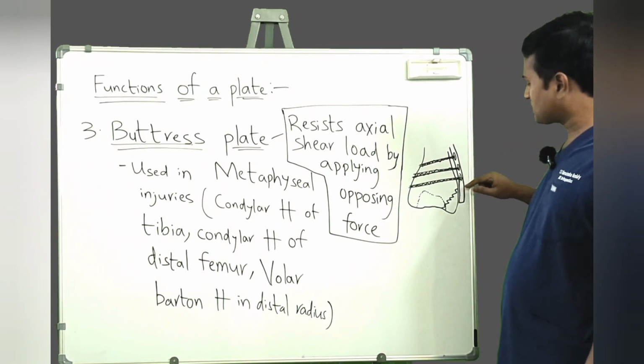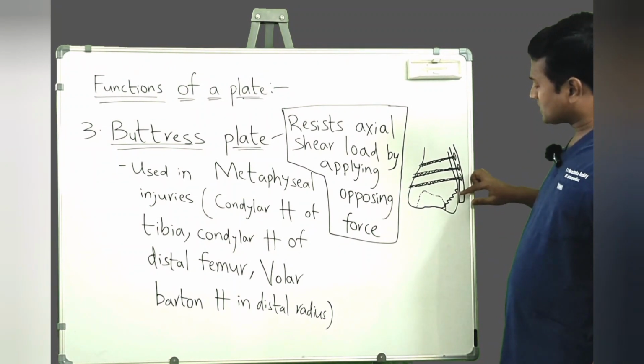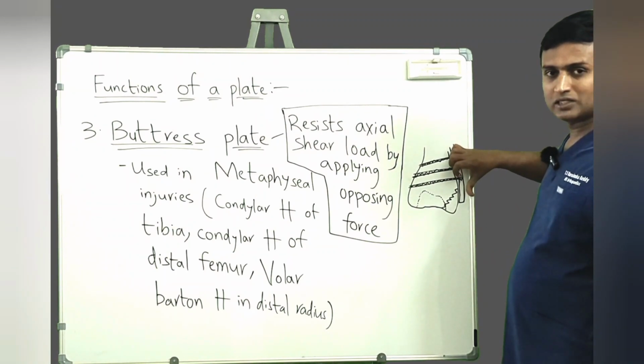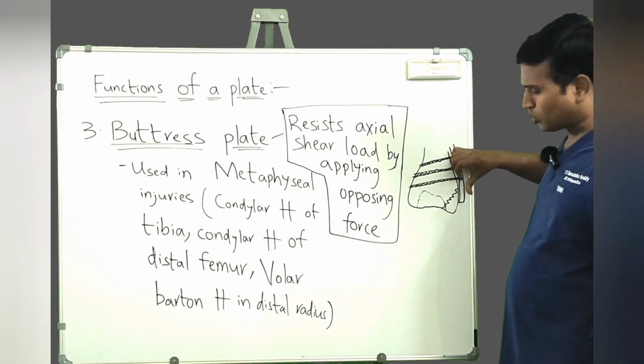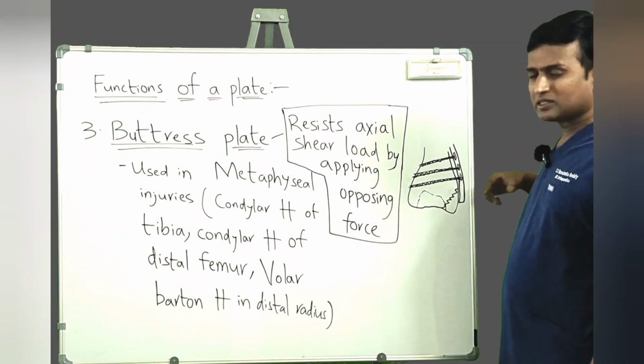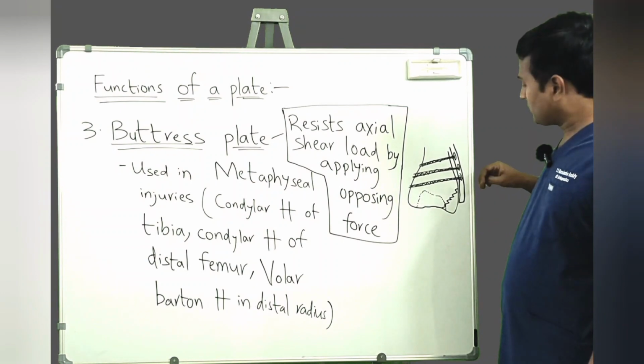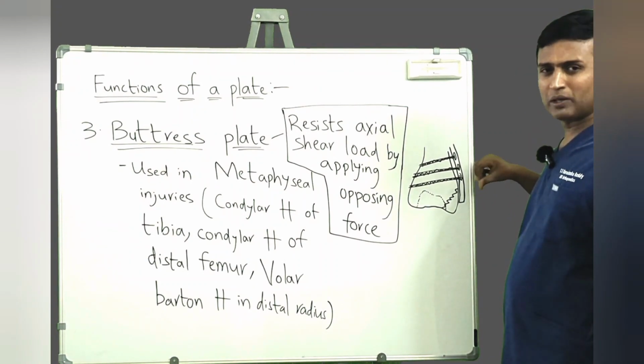Now in the distal aspect, if we can at least cover this apex of the fracture site, this acts as an opposing force to the axial shear load, and it helps in healing and callus formation with this buttress plate.